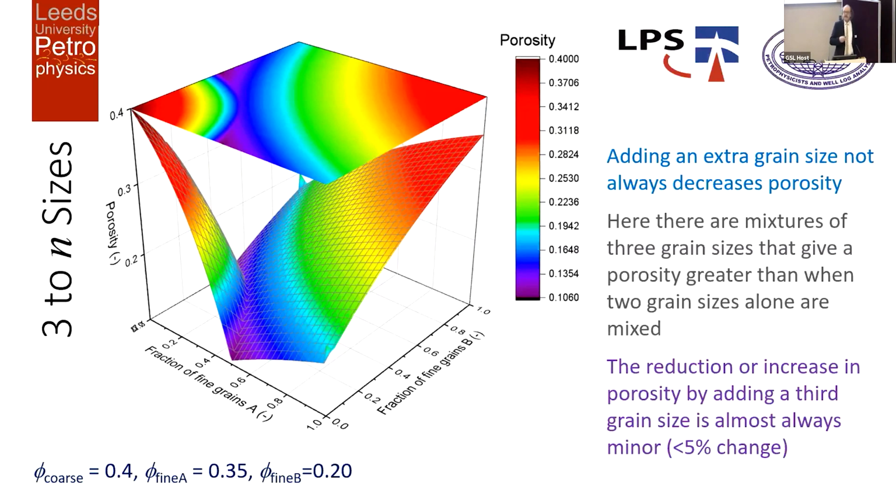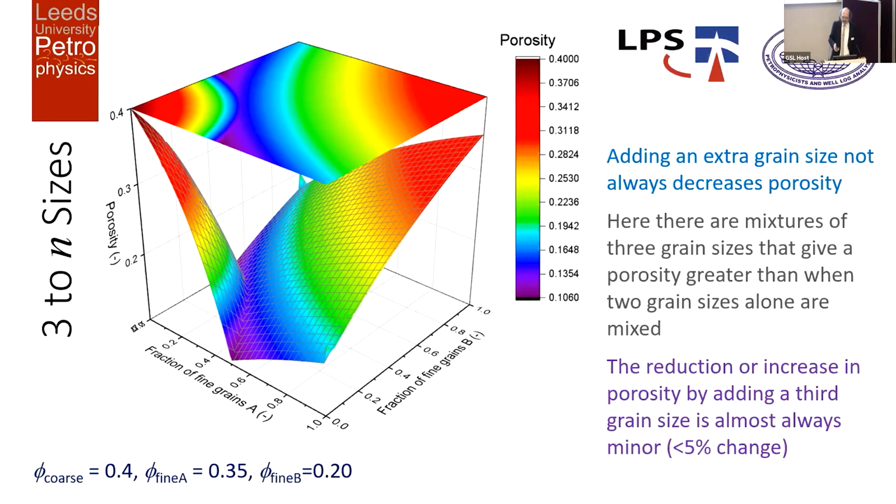In fact, there are situations where the porosity doesn't reduce at all, but it's slightly bigger. So what this is telling us is, mathematically, when we have more than 2 grains mixing together, the 3rd grain, the 4th grain size being added in, makes little difference compared to that first 2 grain mixture.